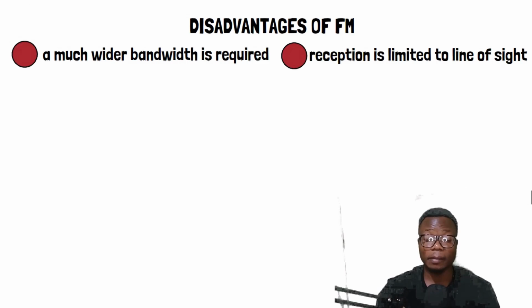Line of sight is a clear path between the transmitter and the receiver. For efficient communication there must be a clear line of sight, but frequency modulation lacks that clear line of sight.